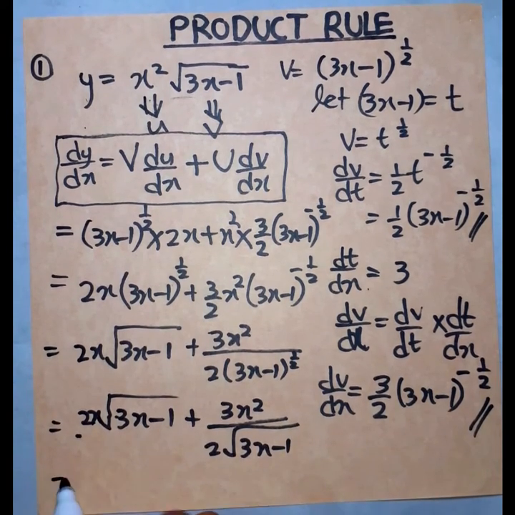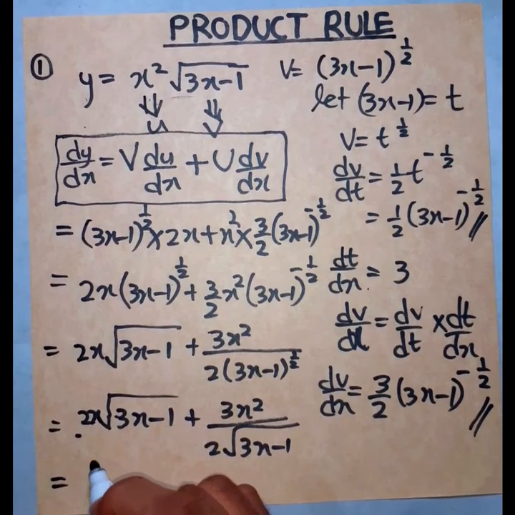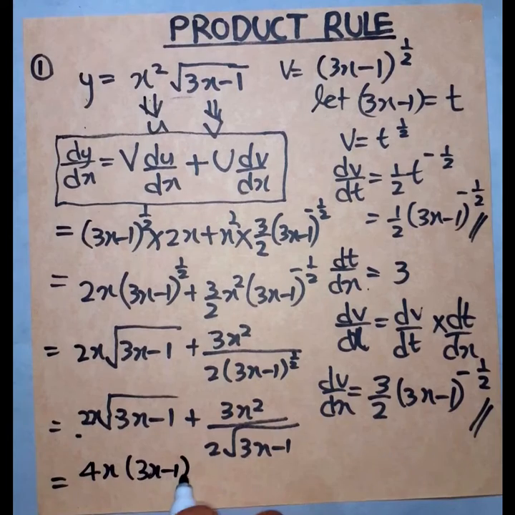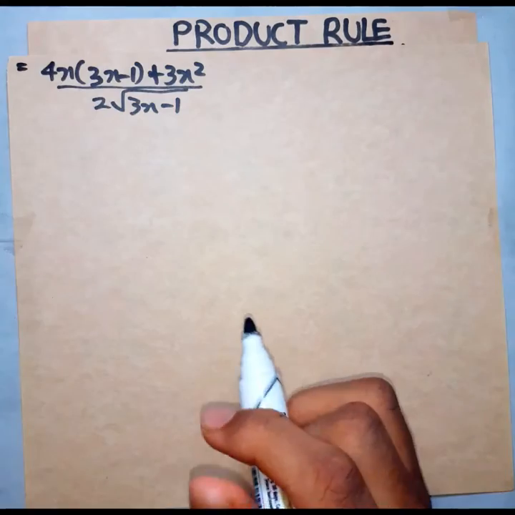For further simplification, we can multiply top and bottom of this by the denominator of this. So then we're going to end up with 4x times 3x minus 1 plus 3x squared divided by 2 root 3x minus 1.